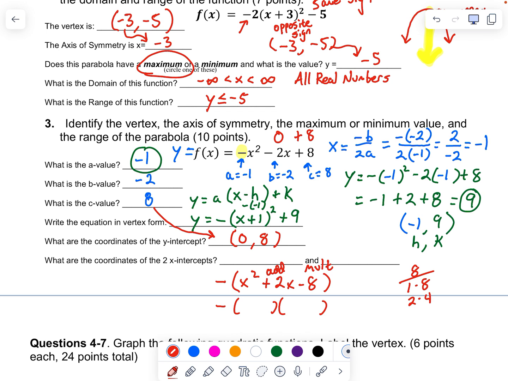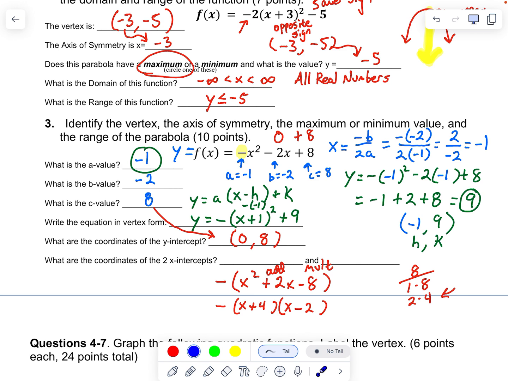I can get that 2 and that 4 to equal a +2 if one of them is negative. I need one of these two numbers to be negative because we have a -8, and you have to multiply a positive times a negative in order to get a negative number.